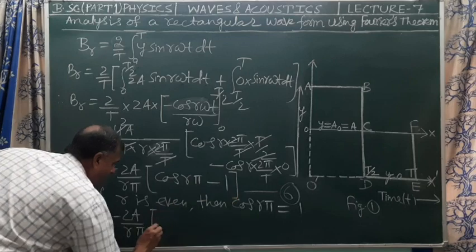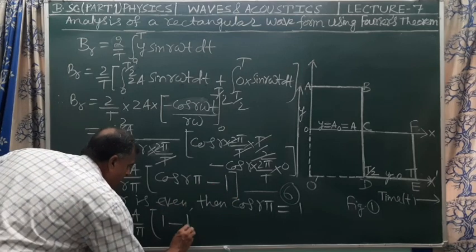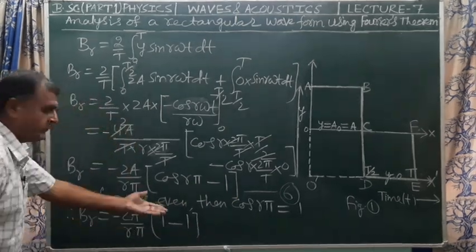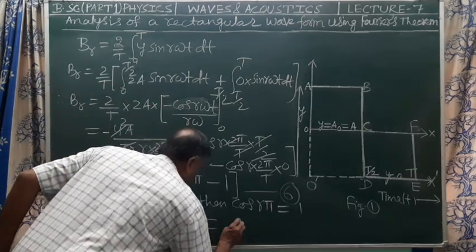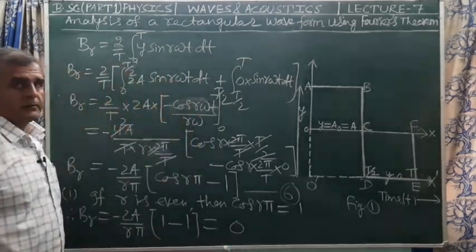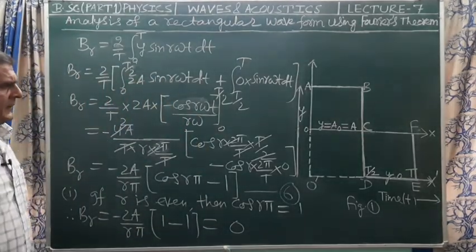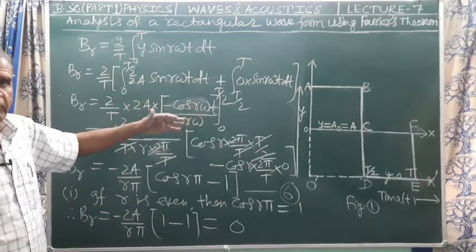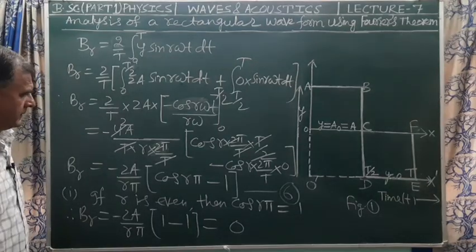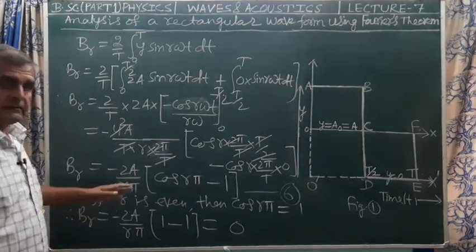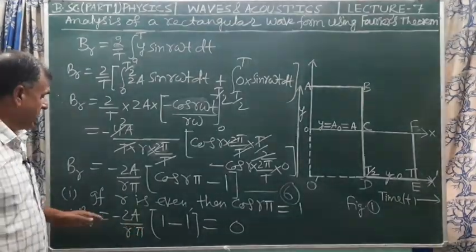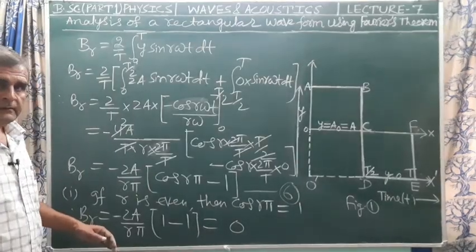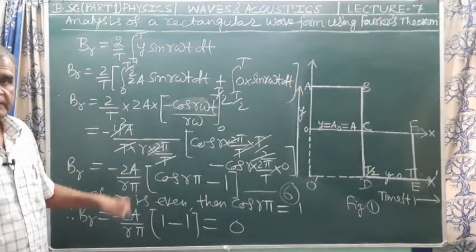Cos r pi will equal 1, minus the second term, 1, so 1 minus 1 is equal to 0, so Br equals 0. Therefore, in the Fourier series of the given rectangular waveform, the even sine terms will not be present.